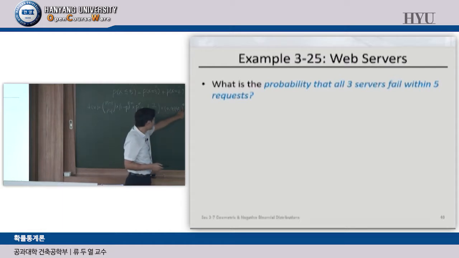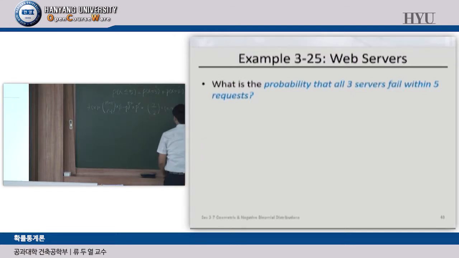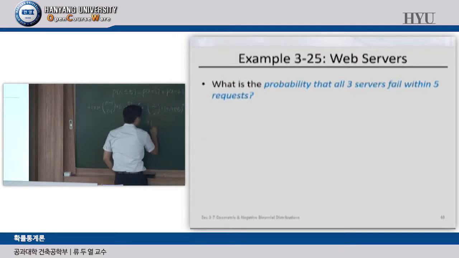So the 0th power, multiplied by 0.0005 to the 3rd power. That is r.